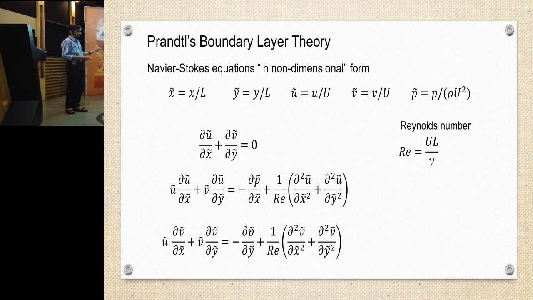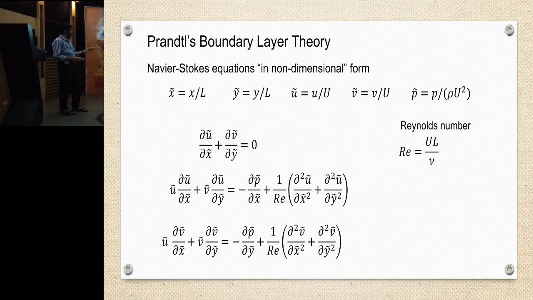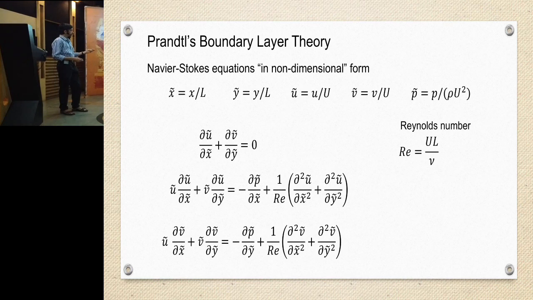And the pressure is not non-dimensionalized like this. You can introduce these quantities in the equations, and a slight rearrangement gives a form like this. So the viscosity appears as 1 over Reynolds number, and all of you must be familiar with the Reynolds number from your basic fluid mechanics course, which is velocity times length divided by the kinematic viscosity.